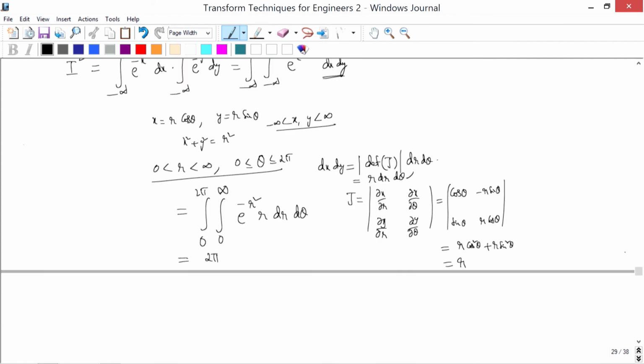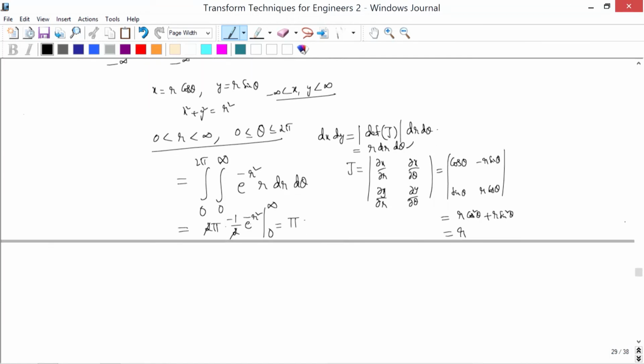So, you have 2 pi times the integral of r e power minus r square, which is minus 1 by 2 e power minus r square, since differentiating it gives minus 2r times e power minus r square over 2. Putting in the limits, e power minus 0 is 1, so the 2 cancels with the 2 in 2 pi and you simply get pi.